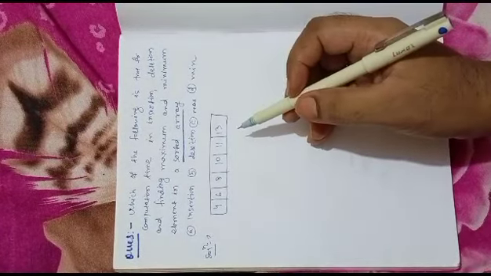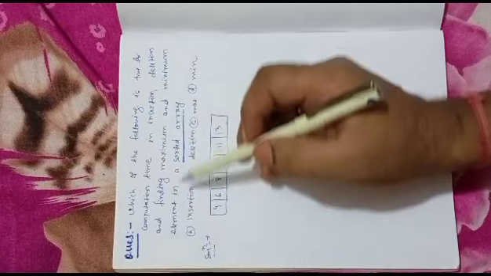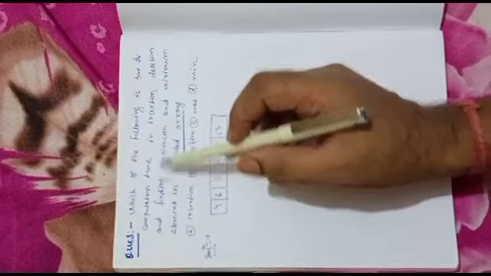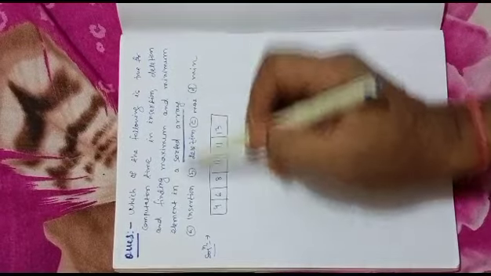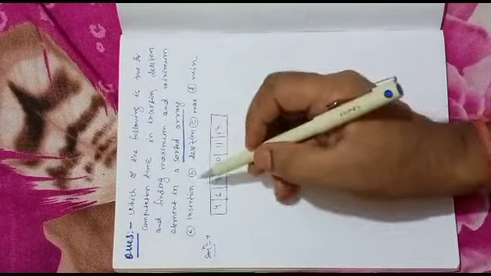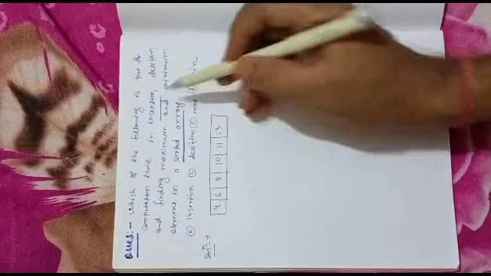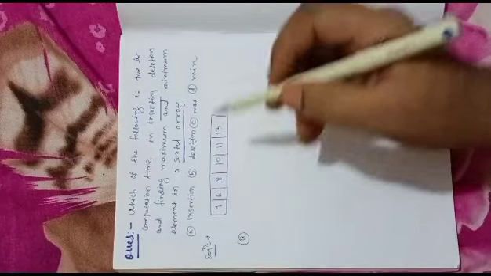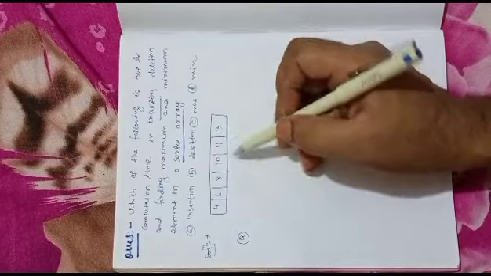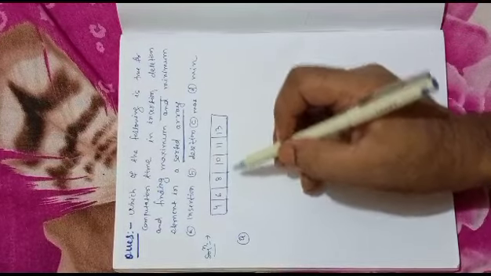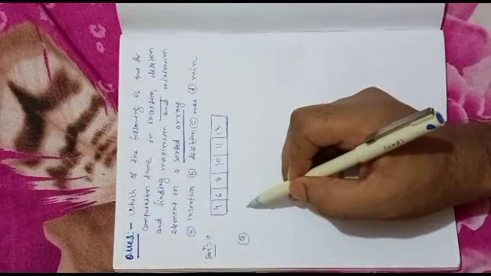So what is being asked? What will be the computation time in insertion, deletion, and finding maximum and minimum element? First we see insertion. We see that the array is sorted. Suppose we have to insert 9.